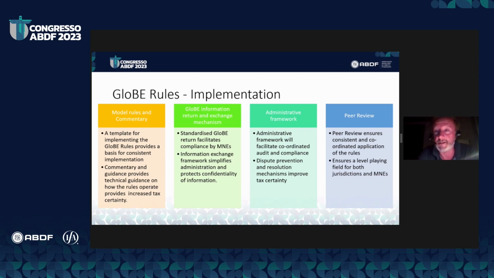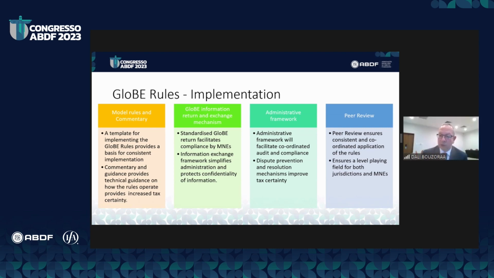If that doesn't exist, then there are rules under the income inclusion rule that allow that to be picked up under another country's rules, but again, domestic rules. And then failing that, there is the undertaxed payment rule that allocates that top-up tax amongst all the entities in the MNE group that are resident in jurisdictions that have the UTPR. So this is all based on domestic implementation and synchronized and consistent implementation. That's correct.